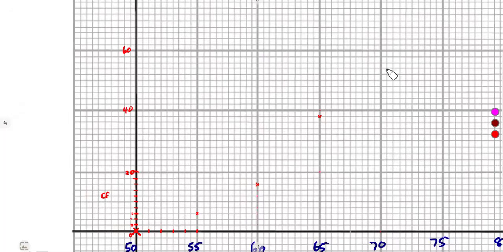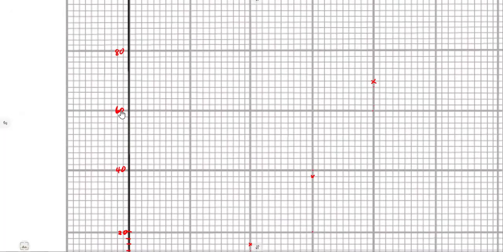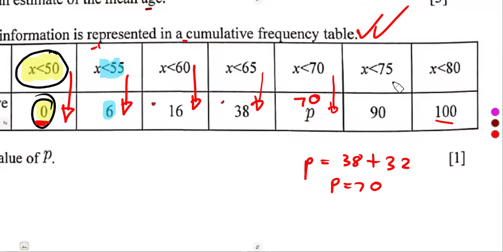So this is 70 here. This is 60. We are at 60 here. So 70 is going to be 5 boxes, 1, 2, 3, 4, 5, in between 60 and 80. That's where we have got our 70. Then another one, it was 75 versus 90.